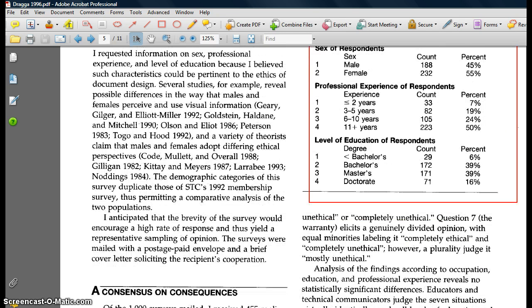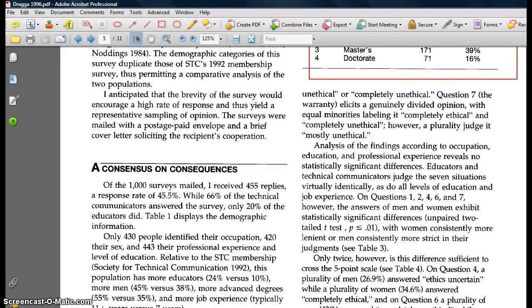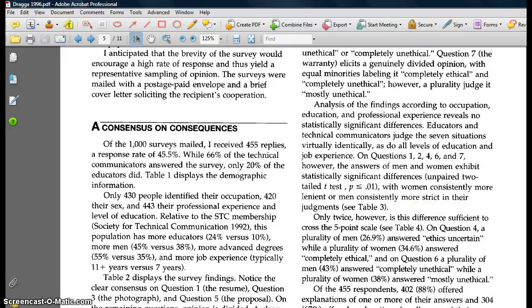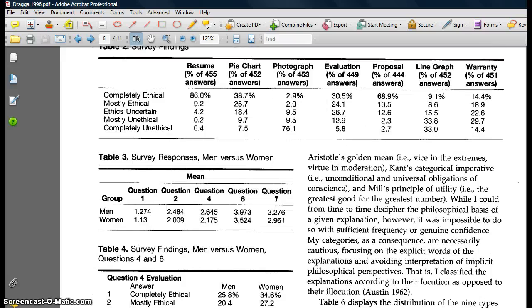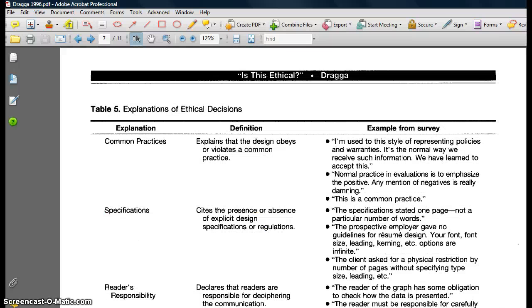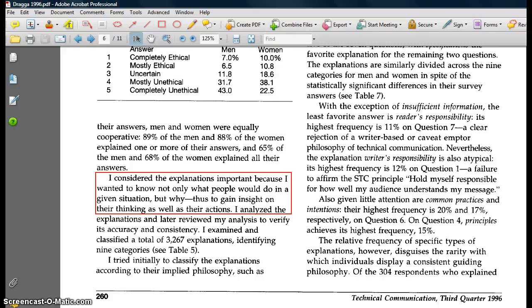So the percentages are just showing the breakdown. And then he talks about his breakdown in more detail. The chart was just to show a quick overview of things. He talks about the explanations and why he decided to include the open-ended questions for the qualitative aspect of his results.